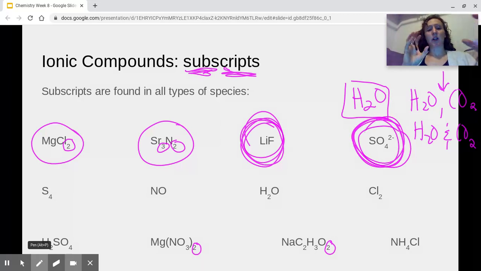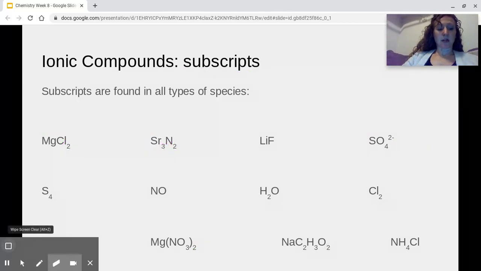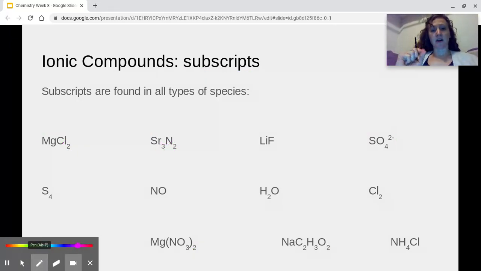That means that all the atoms in this compound are bonded together somehow, and that one new compound has very unique properties. If you pull them apart into separate things, the properties are going to change, right? So these subscripts are indicating the number of things we have in our compound that's all bonded together.